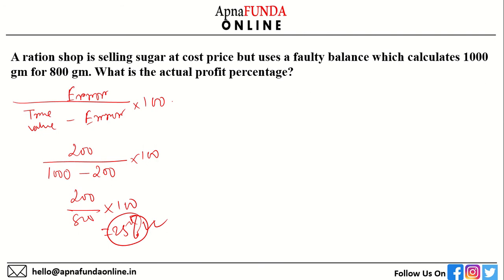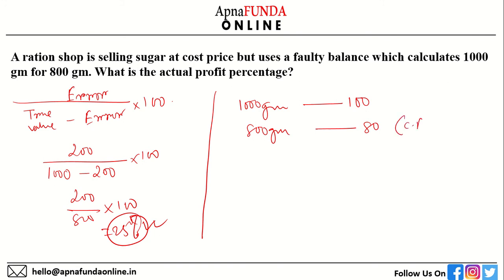Let us also understand the funda behind this question and solving such questions. Let's say 1000 grams cost price is rupees 100. So 800 gram cost price is 80. Correct? This is the cost price.